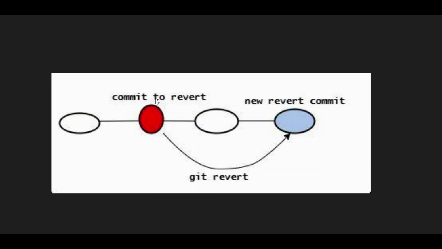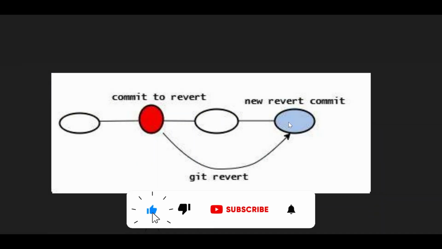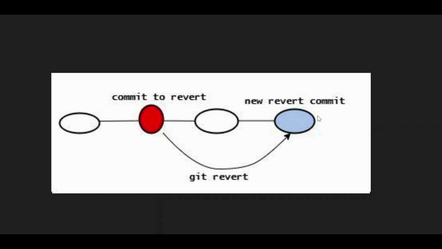If we want to revert a particular commit, it will create a new commit with the changes removed from that particular commit ID. It is not reverting up to that particular commit ID, but only reverting the changes present in that particular commit. So that is the difference between reset and revert.